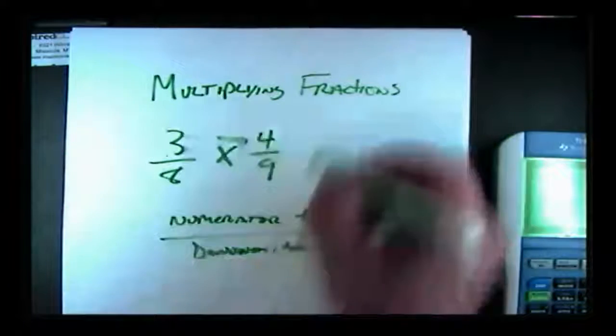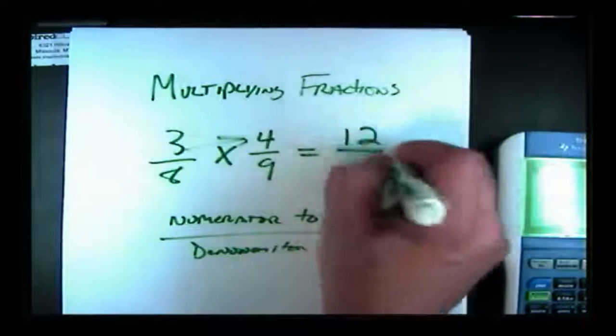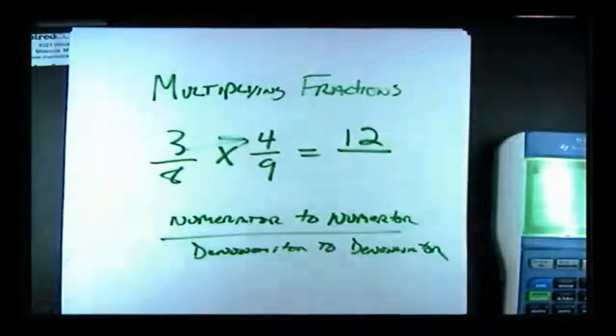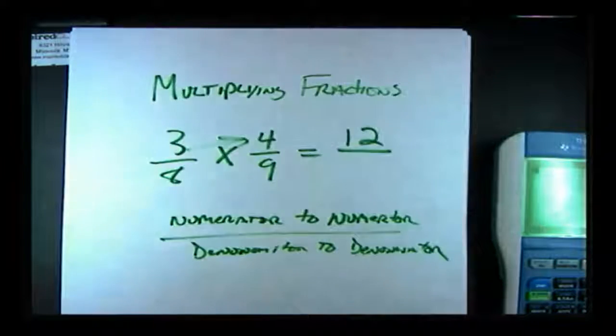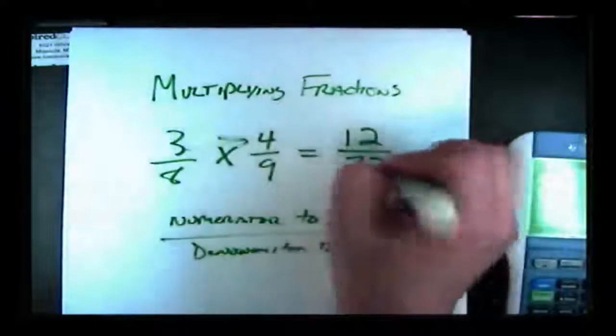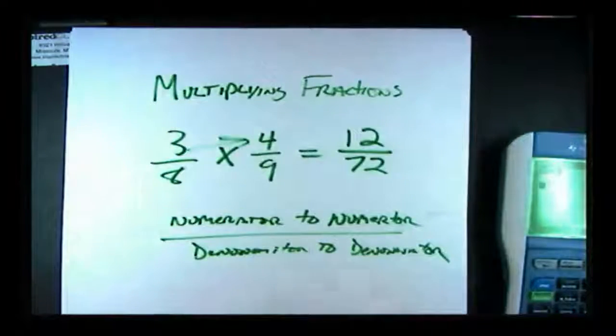So here we go. What's 3 times 4? 12. And what's 8 times 9? 72. Yes. Got that one. And then, of course, we can simplify that down a little bit further.